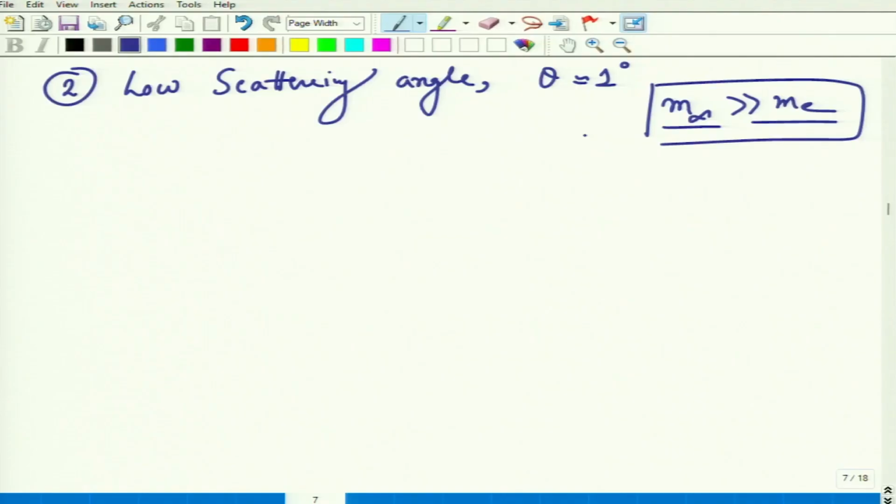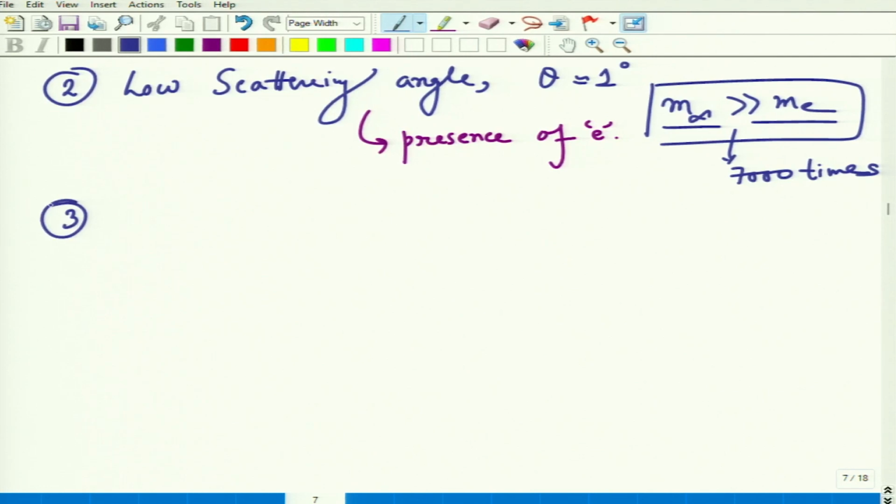So this low scattering basically indicates the presence of electrons, and this was due to the electrostatic interaction. So the alpha particle is 7,000 times heavier. That's why the electrons are embedded discretely inside the atom.